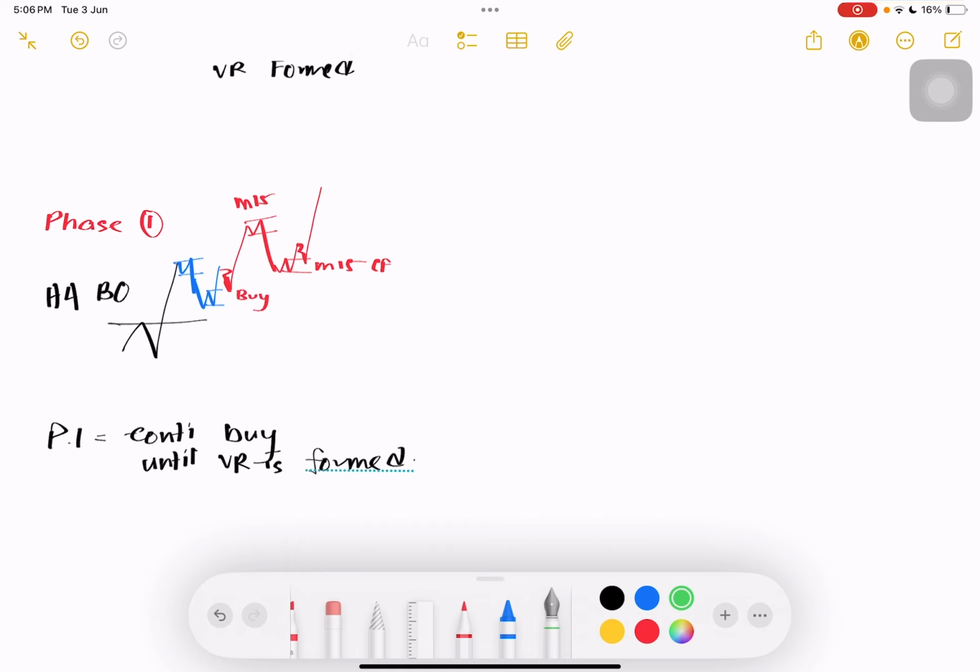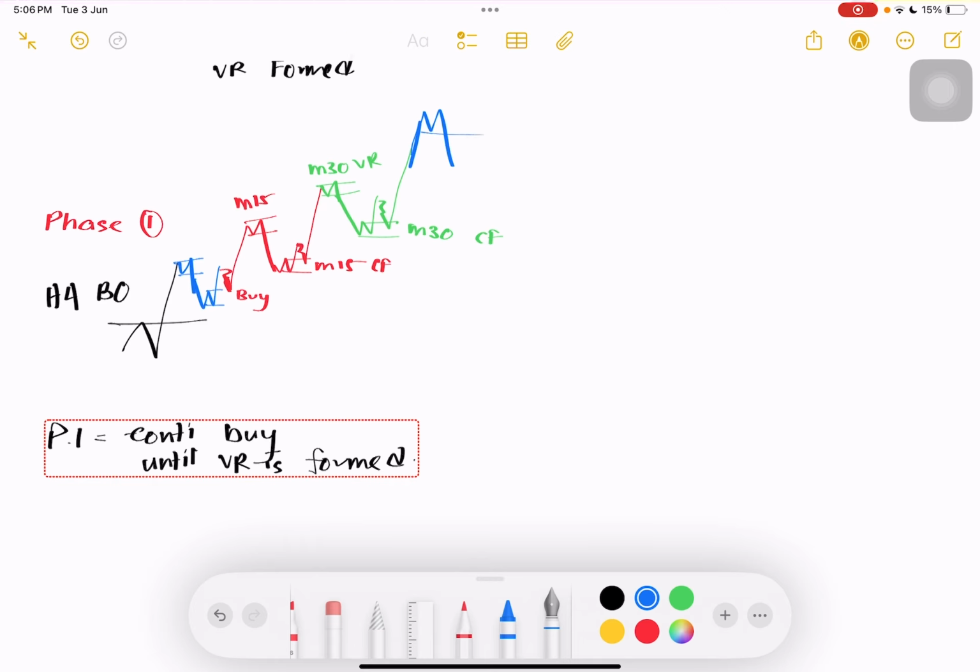After that, I will wait for M30 VR, M30 CF. Pull back, I will buy. And then later I will wait for H1 VR. H1 VR, H1 CF.